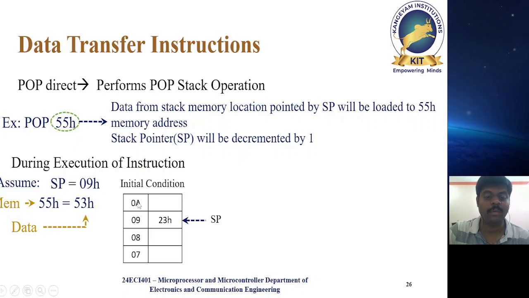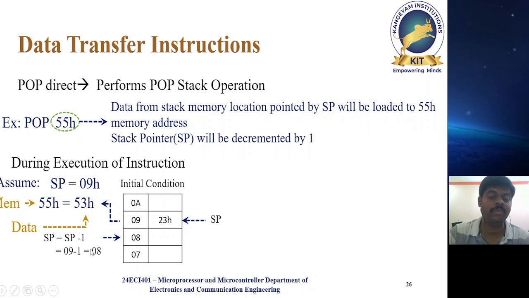Now what happens? Right now the stack pointer is pointing to 09. The data from that stack location 09 will be taken and stored to memory location 55. After storing this data into that memory location, the stack pointer will be decremented by 1.